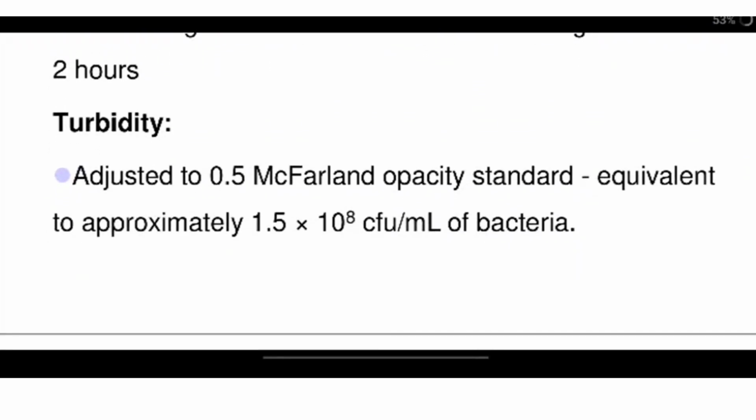Now we will adjust it to the 0.5 McFarland opacity standard, which is equivalent to approximately 1.5 into 10 raised to the power 8 colony forming units per ml of bacteria. It means if we see 1 ml of that opacity standard, 0.5 McFarland, the colonies will be 1.5 into 10 raised to the power 8.